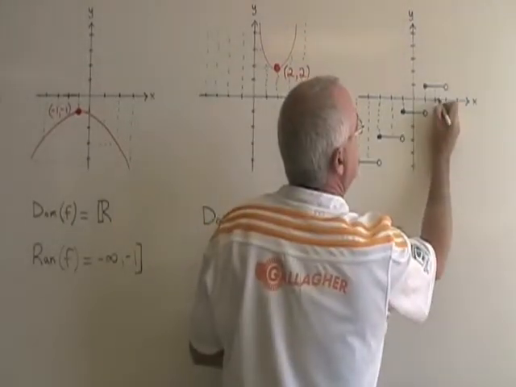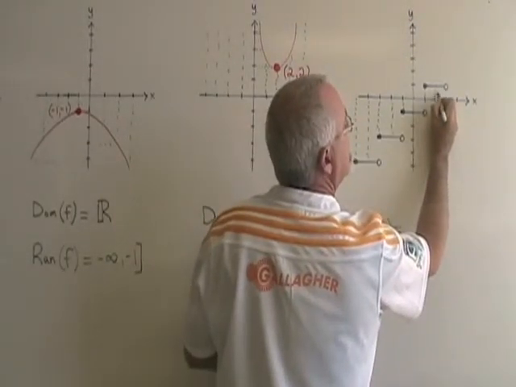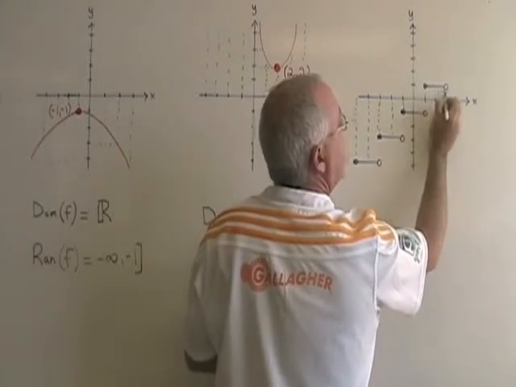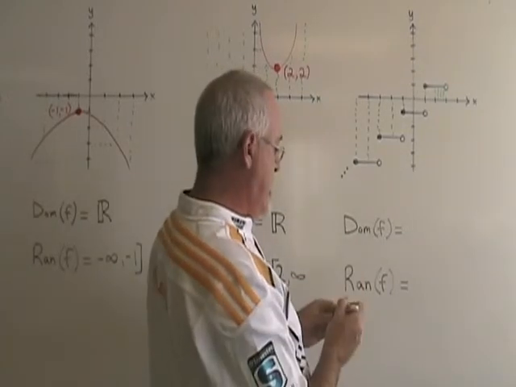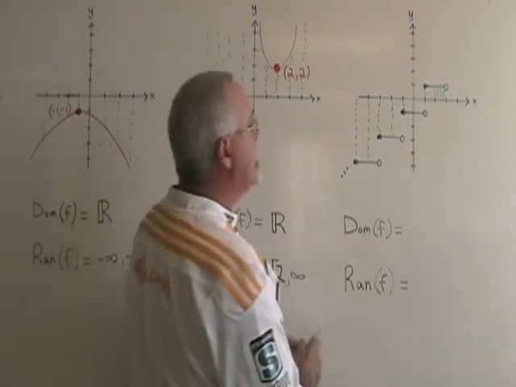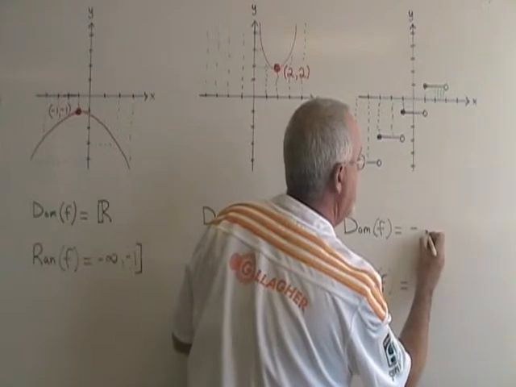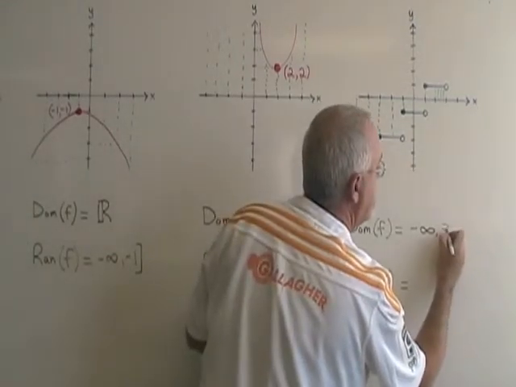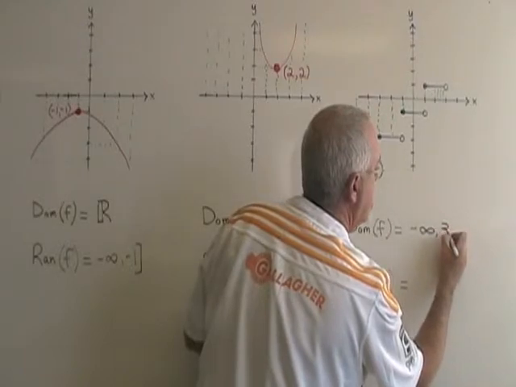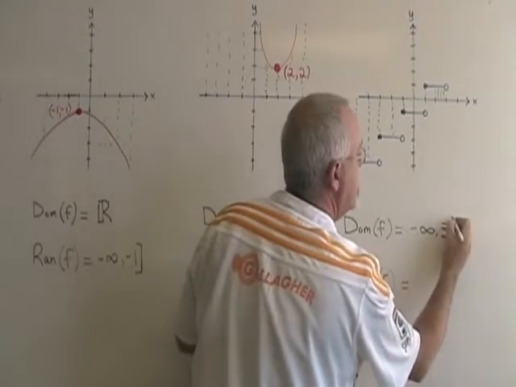The points in between x equals 2 and x equals 3, those values do project onto the line. This tells me that the domain of this function is going to be from negative infinity to positive 3, but the 3 is not included.